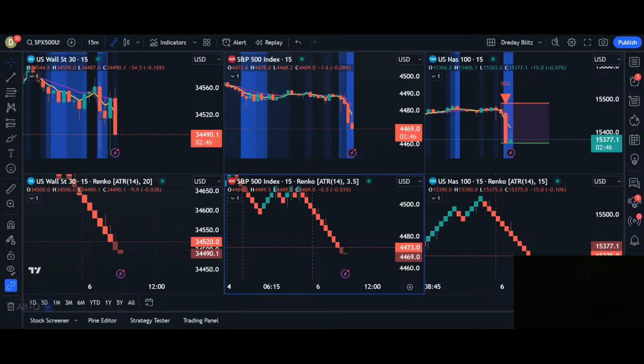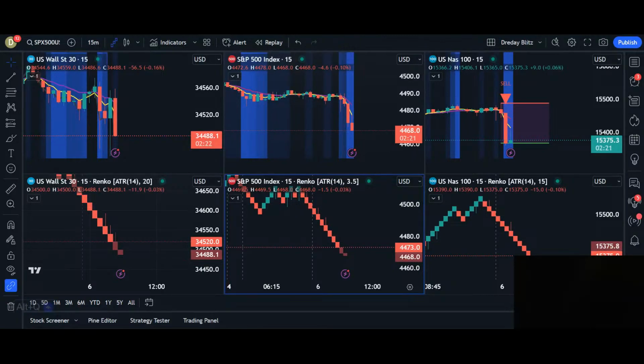We had a little pullback on the US30, but like I said, the Renko bars on the US30 chart were still bearish. So we should have still been in the trade and not closed anything.